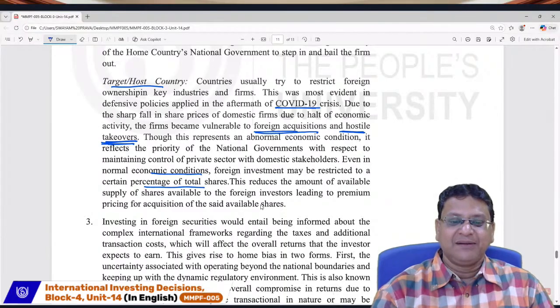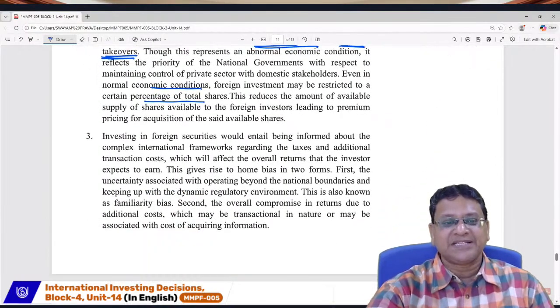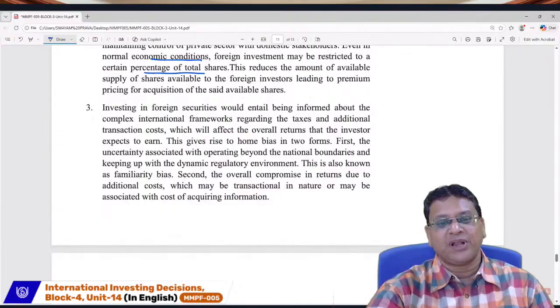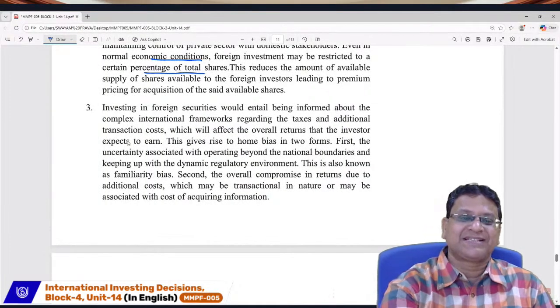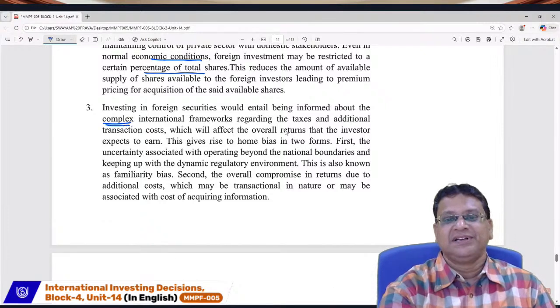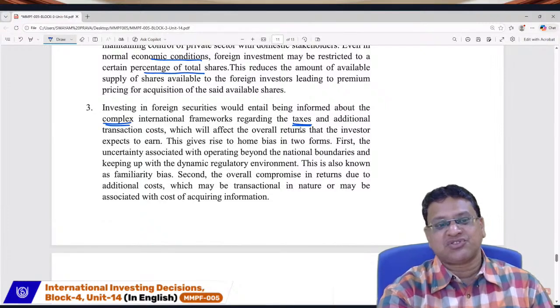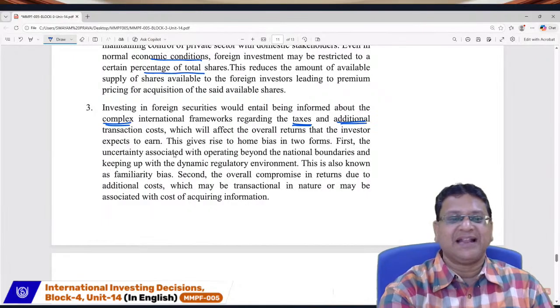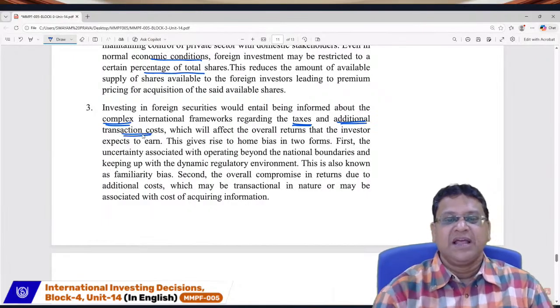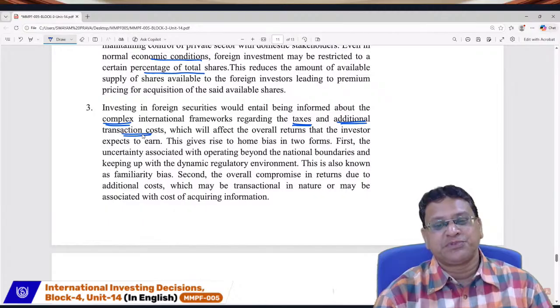And the third and major reason for home bias is that investing in foreign securities is complex due to tax structure and additional transaction cost. We know that foreign investments are subject to foreign tax, and the transaction costs are high.